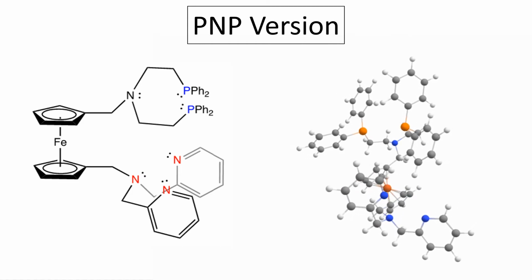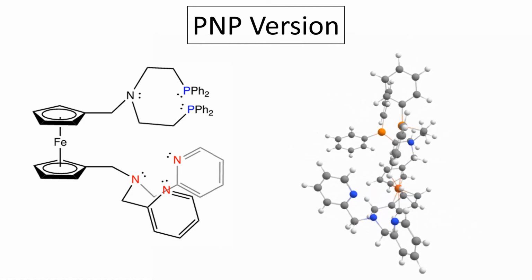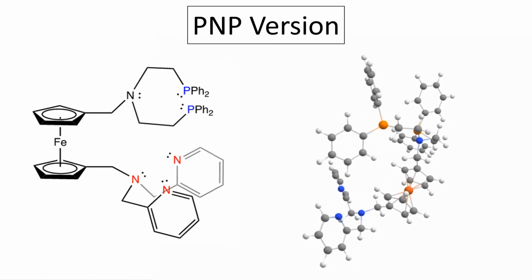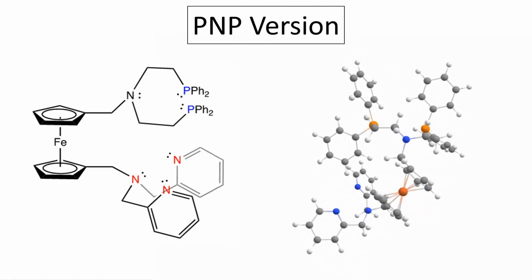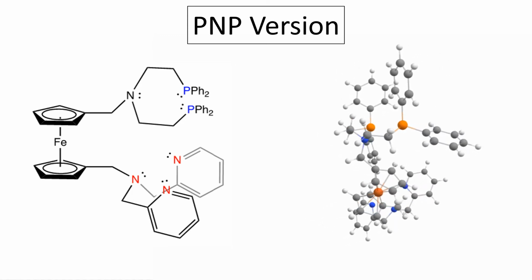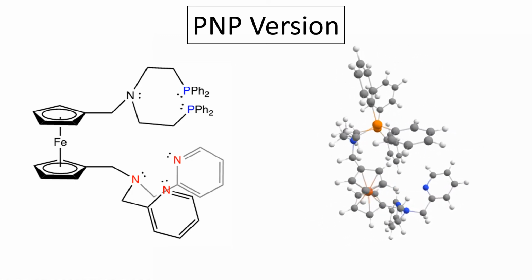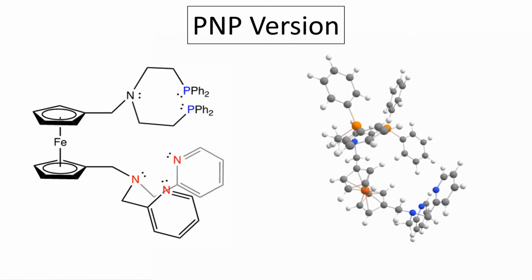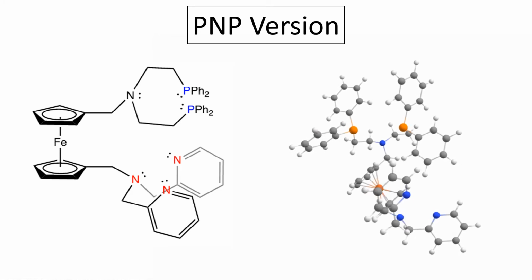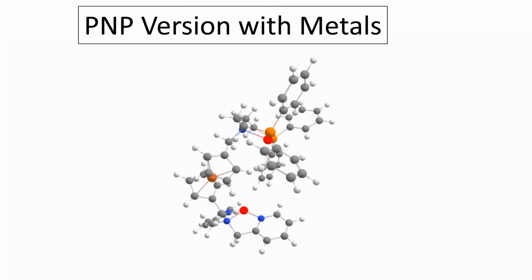On the right, you can see the rotating figure, and the blue atoms represent nitrogen, the yellow atoms represent phosphorus. You should be able to identify the NNN arm toward the bottom of the screen, and the PNP arm toward the top, coming off the ferrocene.